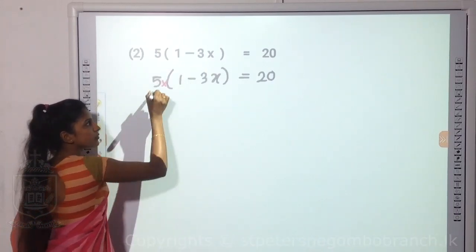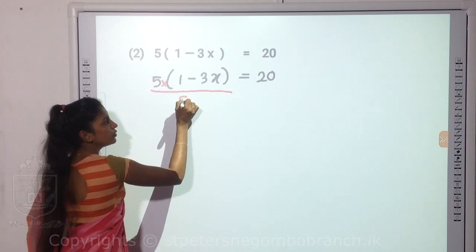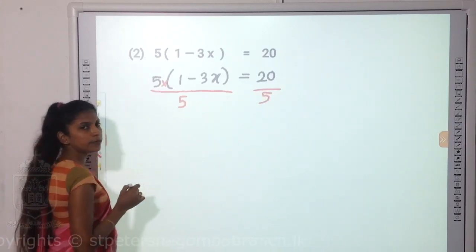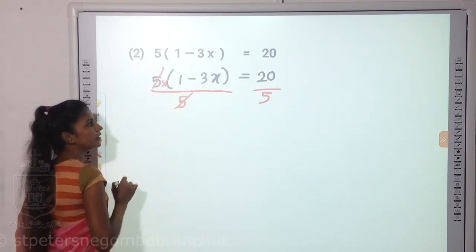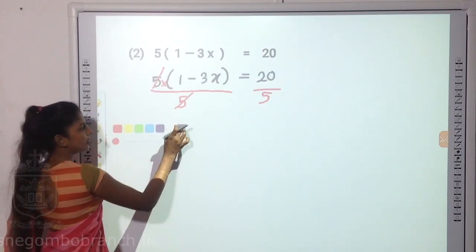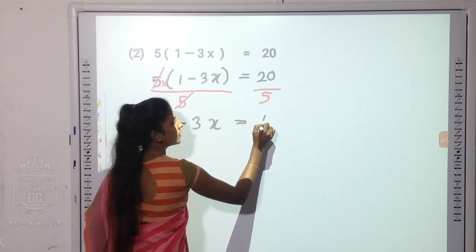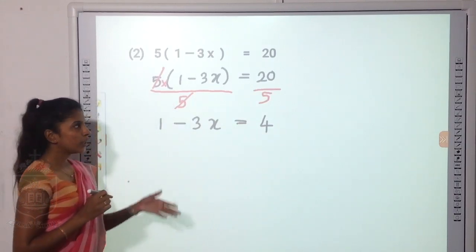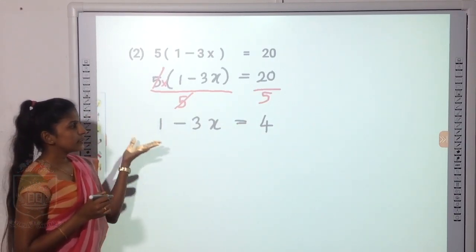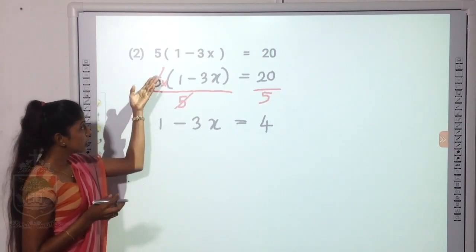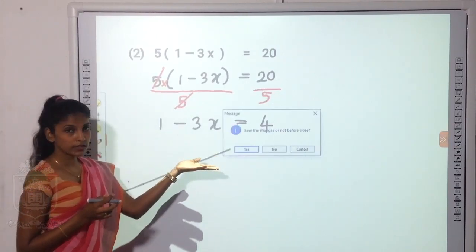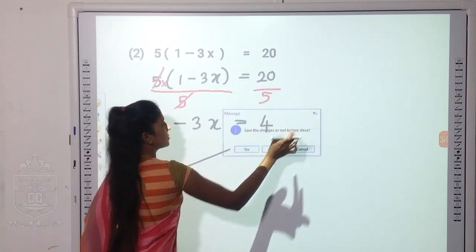So in order to remove 5, I'm going to divide both sides by 5. So you can see this 5 will cancel. And what is remaining on the left hand side? 1 minus 3x equals 20 divided by 5, answer is 4. Now you can see the bracket is removed once you remove this 5, and it's a linear equation, so you can solve it. How to solve it?